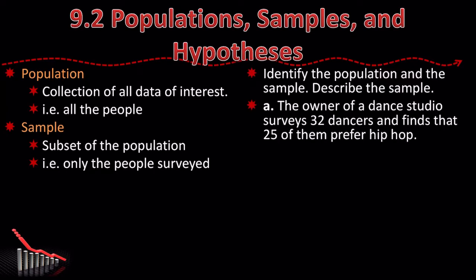In this experiment, the owner of a dance studio surveys 32 dancers and finds that 25 of them prefer hip-hop. What's the population and what's the sample? Well, our population would be all of interest.